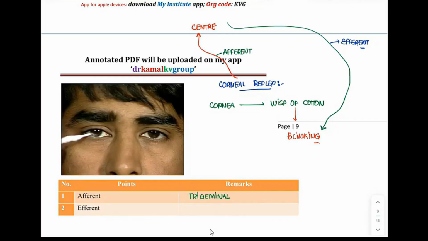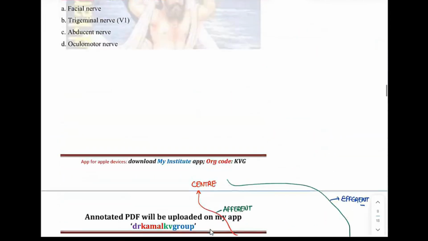And the motor is the facial nerve, which supplies the muscles of facial expression, orbicularis oculi and other muscles, right? Here it is written that facial movements are okay. The facial expression muscles are all supplied by the seventh nerve, that is the facial nerve.